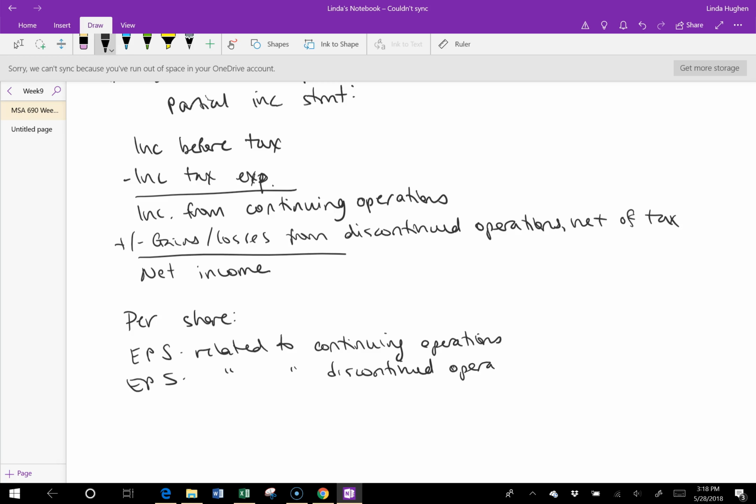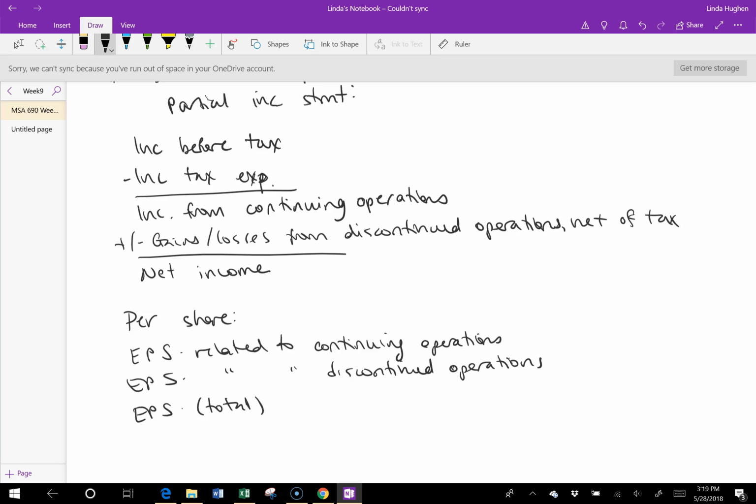So this is just simply your gain or loss from discontinued operations divided by the weighted average common shares outstanding. And then we're also going to reconcile this down to EPS total, just simply your net income divided by weighted average shares outstanding.